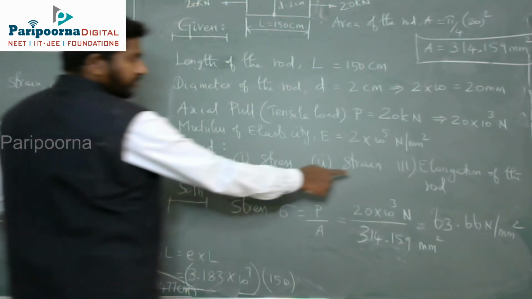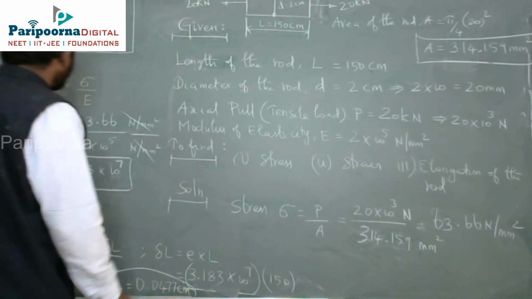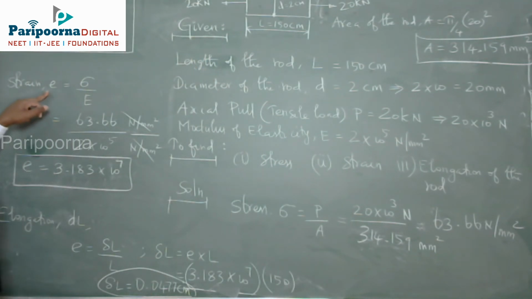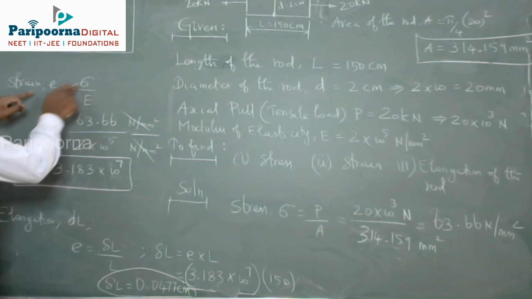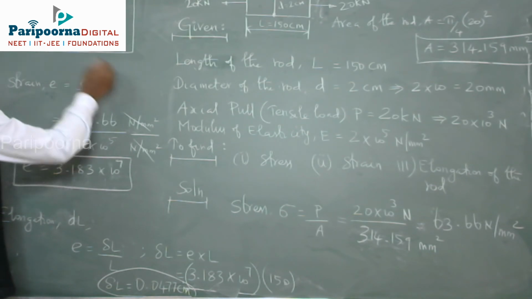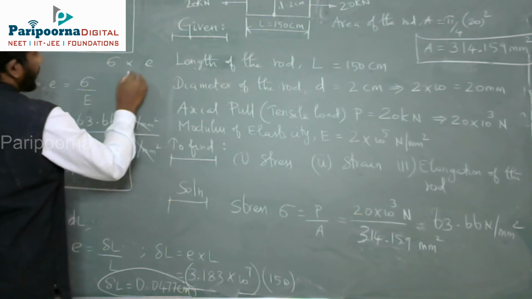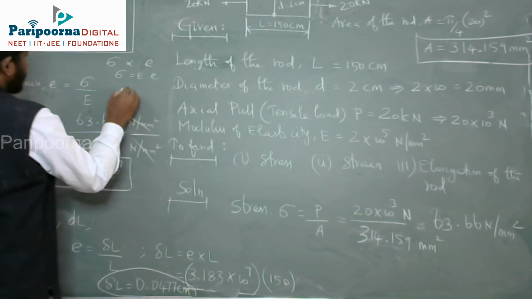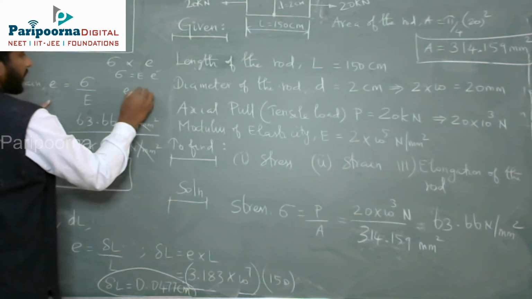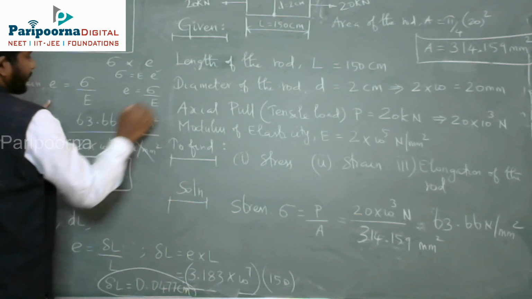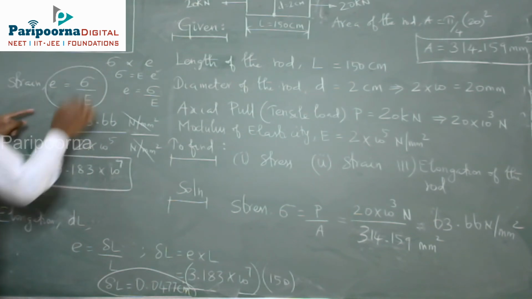Now second question, strain you have to calculate. So strain, the equation is stress over Young's modulus. You know stress is directly proportional to strain. Stress equal to Young's modulus into strain, and from this strain equal to stress over Young's modulus. This is how we obtain this equation.